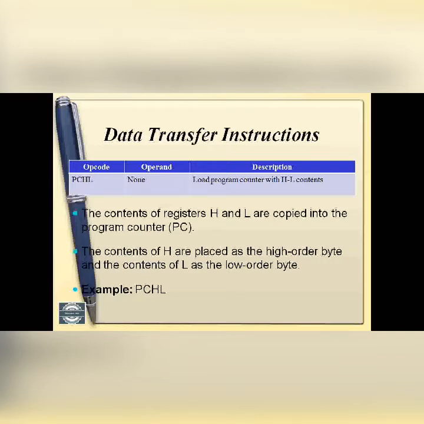Whatever the values in registers H and L, they will be copied to PC. Up to this level we stop. We told you don't skip, because if you skip you can't get all the instructions.